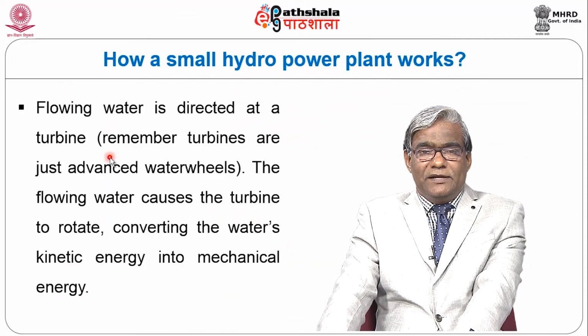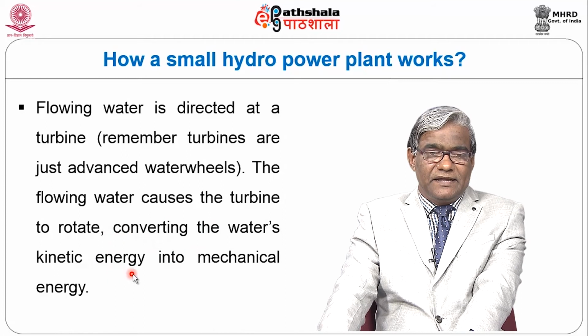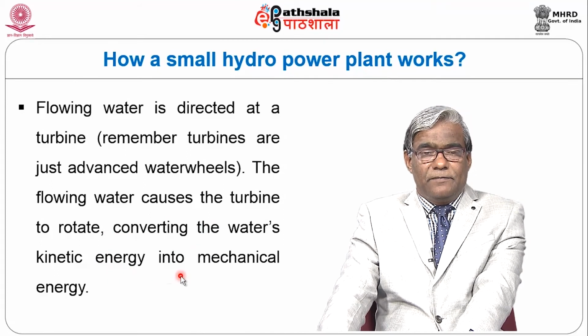And how does a small hydropower plant work? Flowing water is directed at a turbine. Remember, turbines are just advanced water wheels. The flowing water causes the turbine to rotate, converting the water's kinetic energy into mechanical energy.